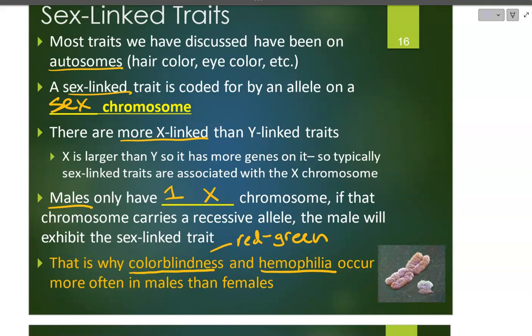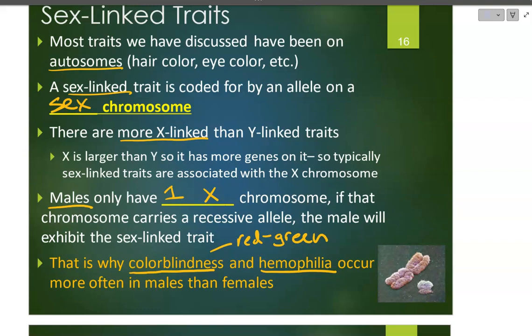And with hemophilia, this blood disorder, most people, when you get a cut on your skin, for example, the blood will start to clot, so you stop bleeding. Both of these, by the way, deal with some type of mutation that causes a disease. Color blindness is the inability to see and perceive certain colors.